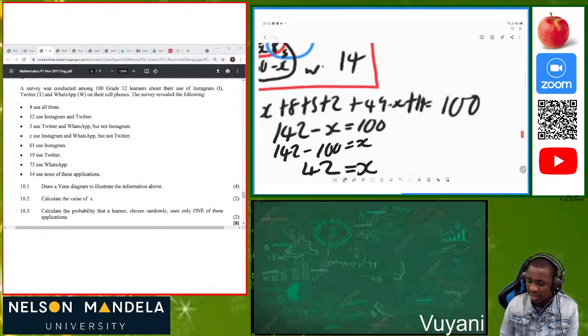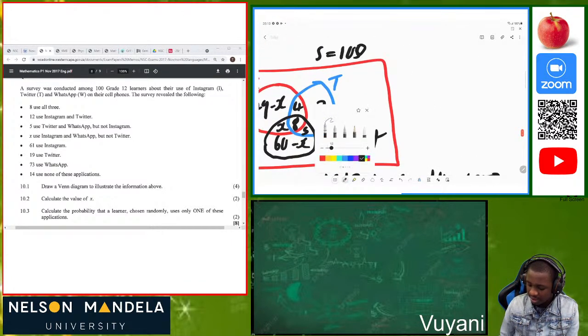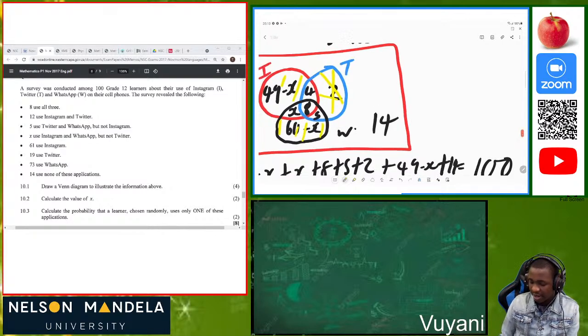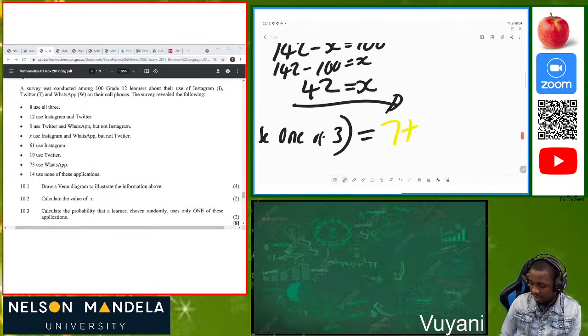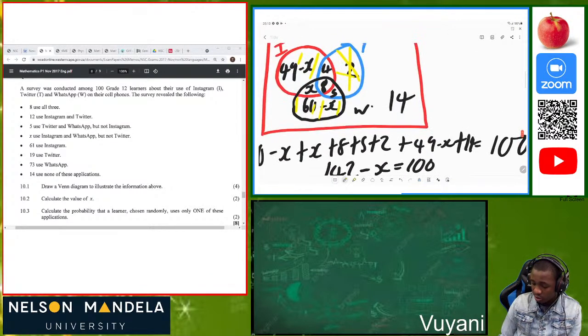Which means we only need these guys, who use only these ones. They don't use everything. So we know that our X is 42. So 49 minus 42 is 7. So we're just going to have 7 plus 2.